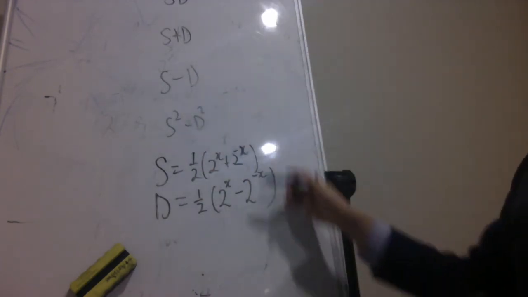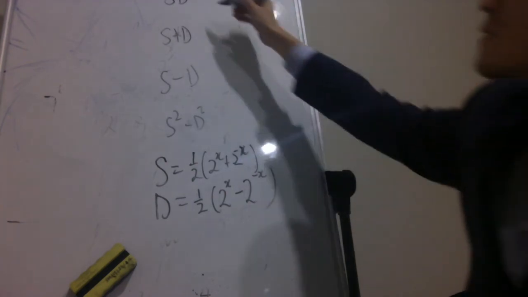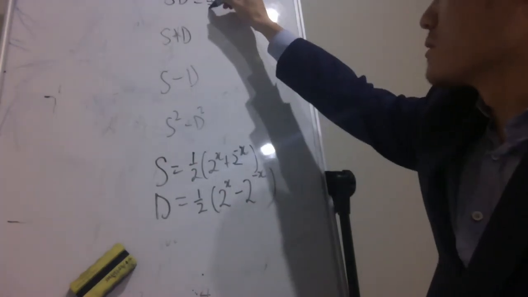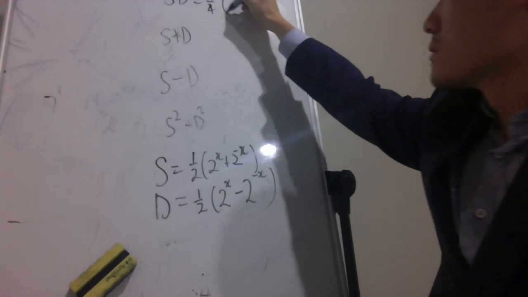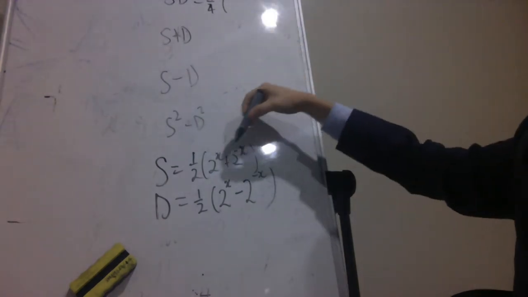I guess SD is probably pretty easy because it's like a sum times a difference. So it's a quarter, this squared minus this squared.